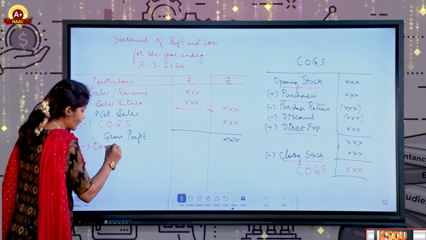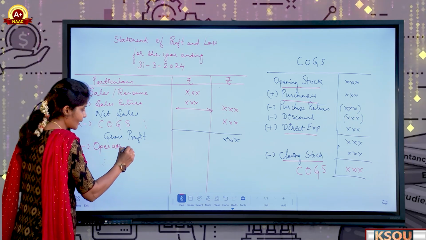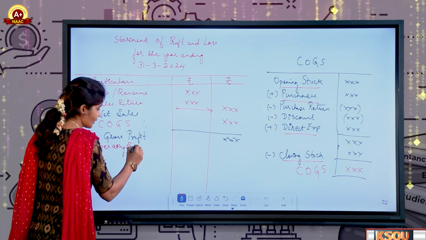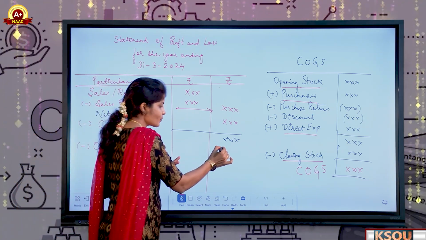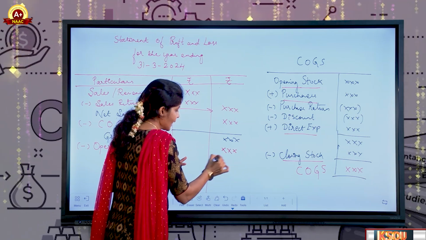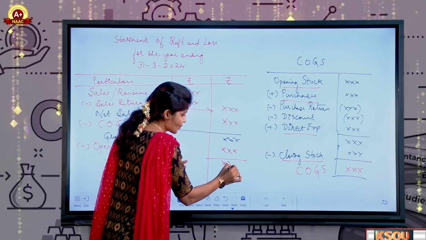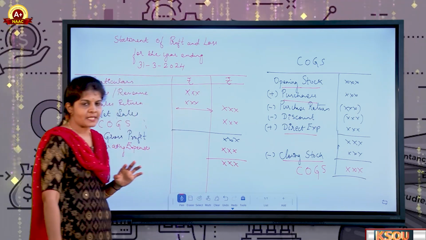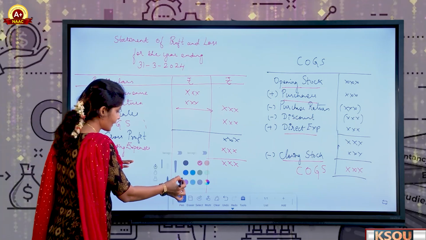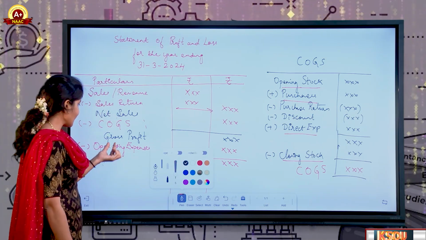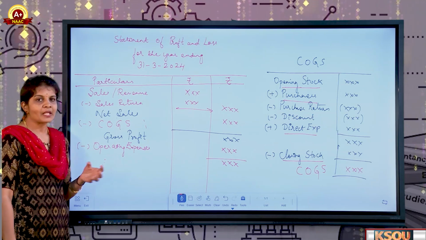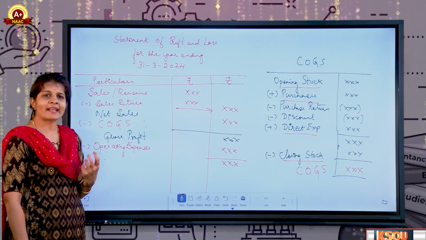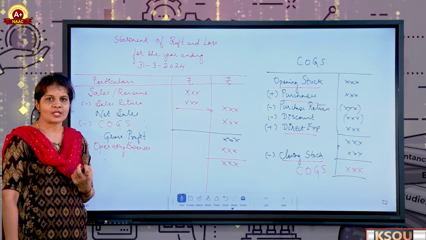So what are operating expenses is a question. Operating expenses are the expenses incurred for the day-to-day operational activities of the business. For example, rent, salaries, printing and stationery.